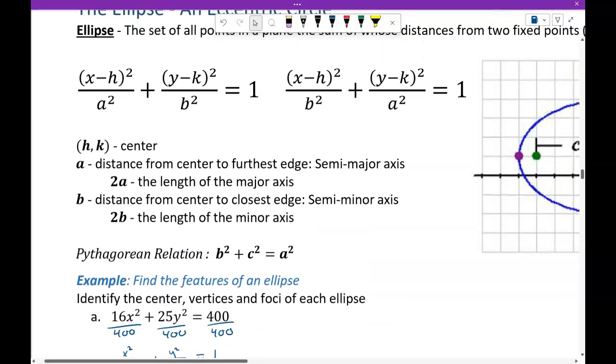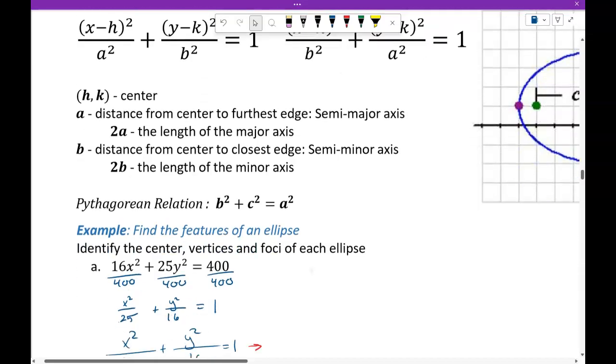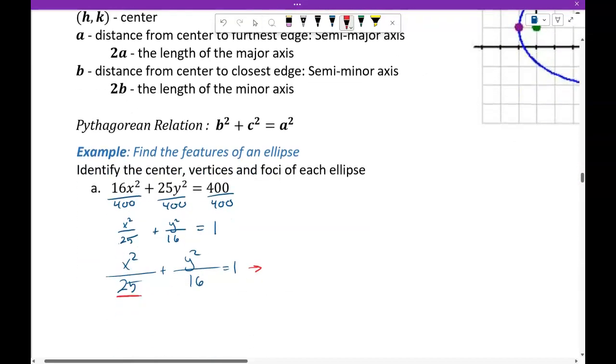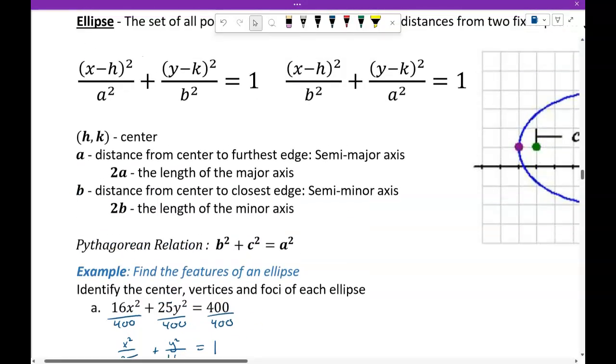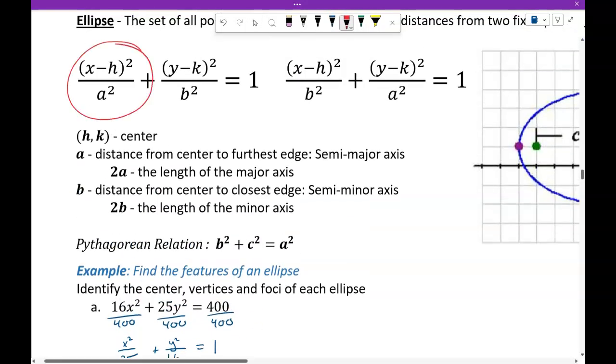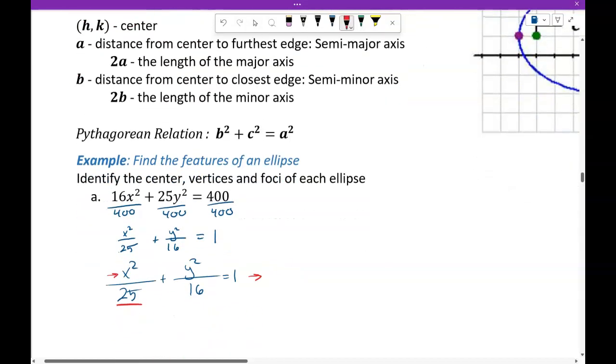Now, to figure out which formula we use, either the one on the left or the one on the right, we want to see which denominator is larger. 25 is our largest denominator under the x squared, so we are going to use this one where a squared is under the x squared. So we compare it: x minus h squared over a squared plus y minus k squared over b squared equals 1.